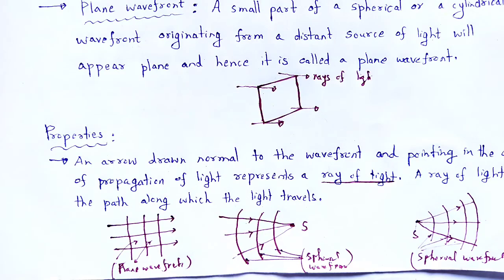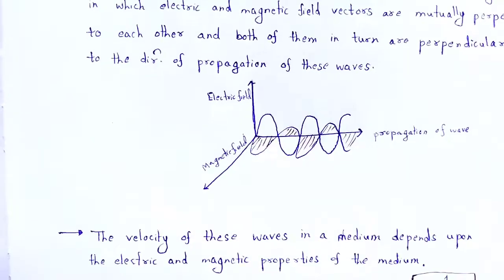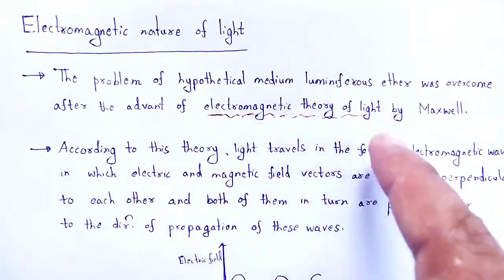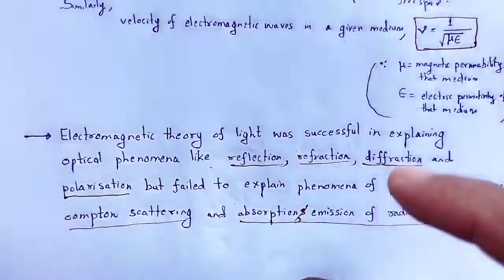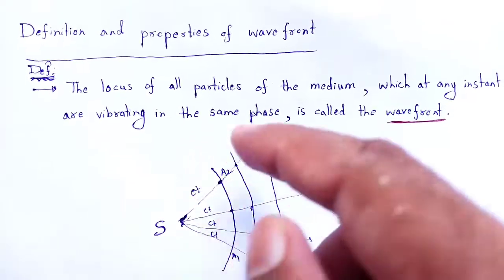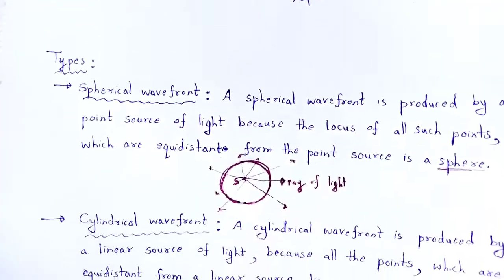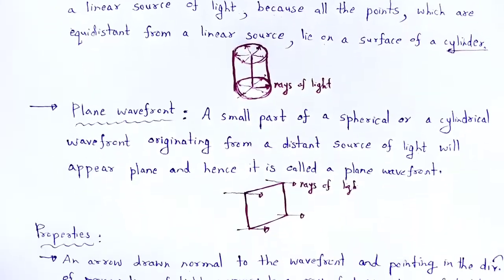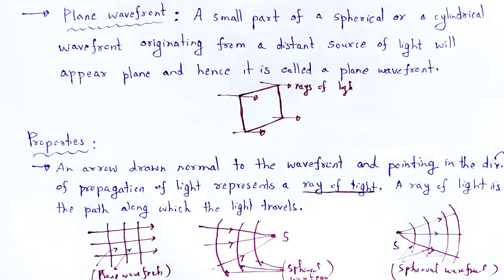So, with the help of this visual expression, we understand the electromagnetic nature of light, definition, types and properties of wavefront. So, with these useful and informative notes, let me wind up this session. Thank you.